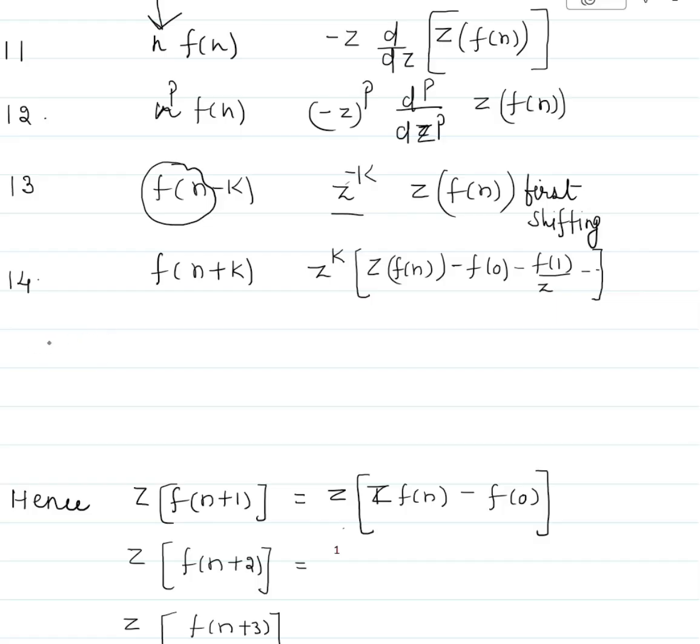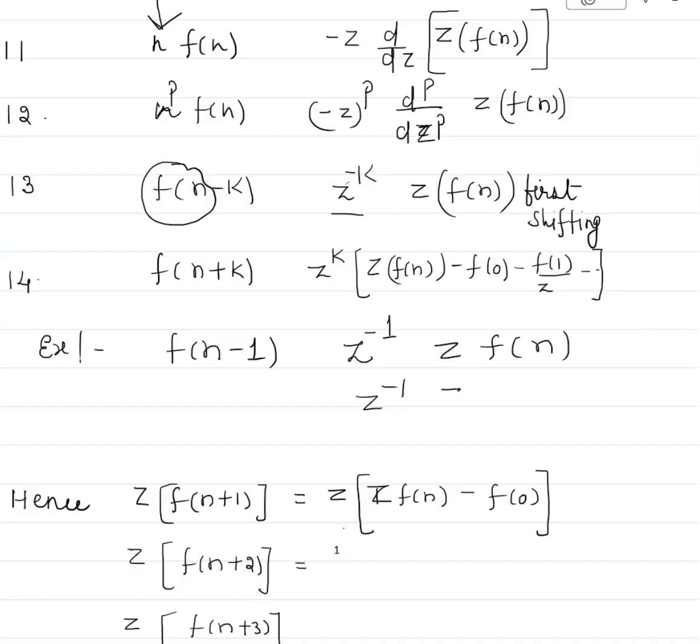I am giving an example here. Suppose you have f of n minus 1, so what is k here? The value of k is 1. So we put this k value here and write the z transform of f of n. What is f of n? n minus 1 is shifting now to n. To write the z transform of f of n, we know how to write the z transform of the function n.